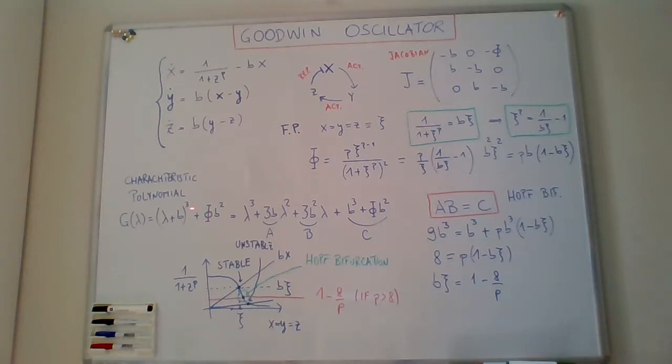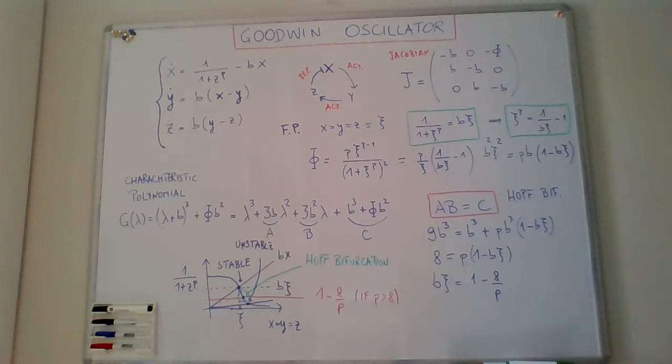So if I set this characteristic polynomial equal to 0, that gives me the 3 eigenvalues of my system. So I have a cubic: lambda to the third, a quadratic, linear, and a constant term.